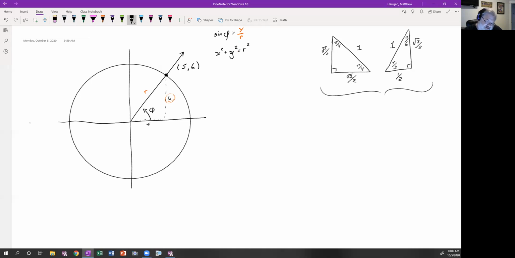Well, this is the y distance and this is the x distance, right? And the x-axis and y-axis are by definition orthogonal, perpendicular. So that forces this to be a right angle. No matter where it is on the circle, it's always going to be a right triangle, because our x and y are forced to be perpendicular.